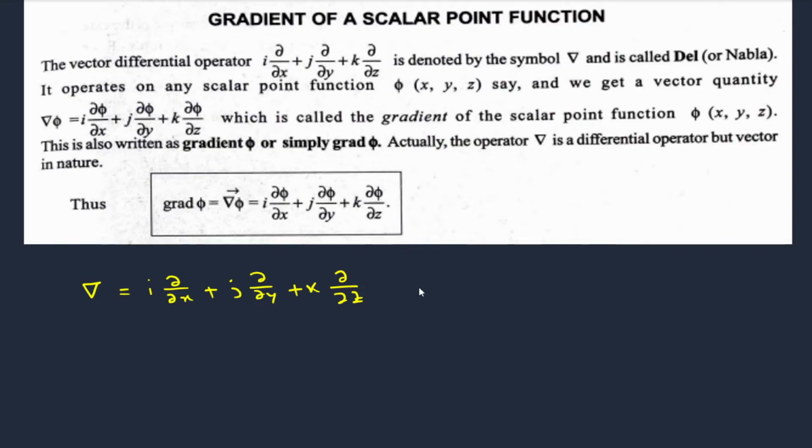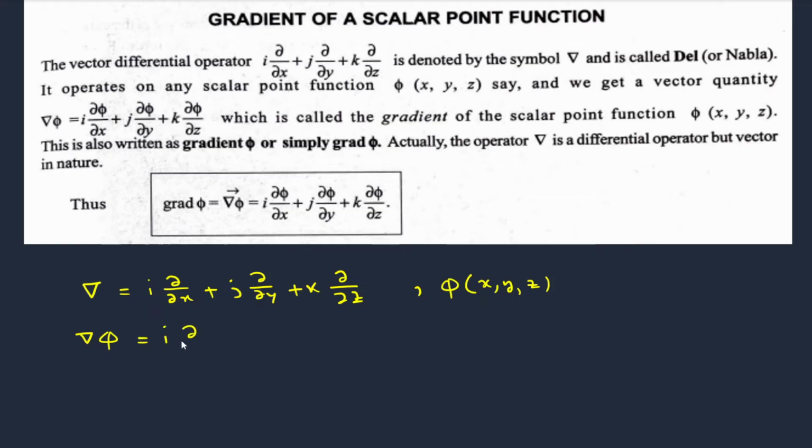Then you need one scalar point function. That's why I explained the scalar point function first. Phi is a scalar function which depends on the Cartesian coordinates x, y, z. Together this is a scalar point function. Now if we operate nabla on phi, it becomes nabla phi, which means i del/del x, j del/del y, k del/del z of phi.